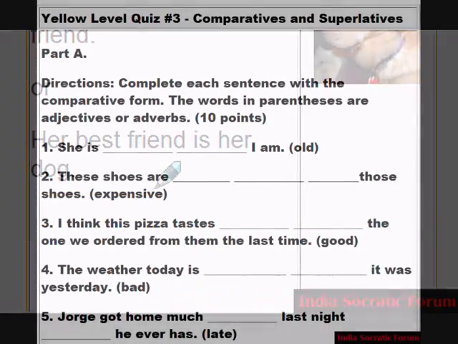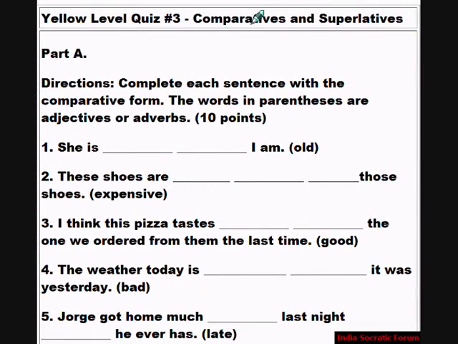Good job. Take a quiz. Comparatives and superlatives. Part A. Complete each sentence with the comparative form. The words in parentheses are adjectives or adverbs. Use the words and complete the sentence.